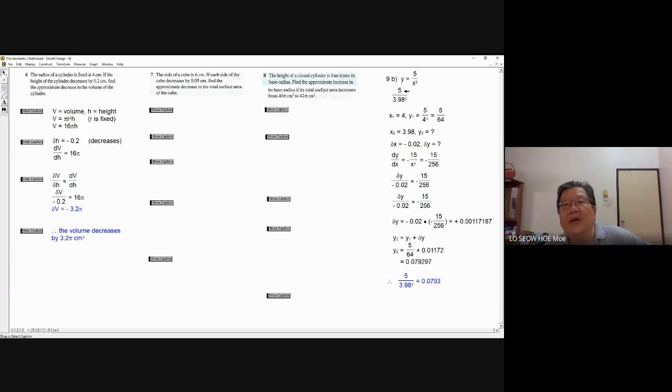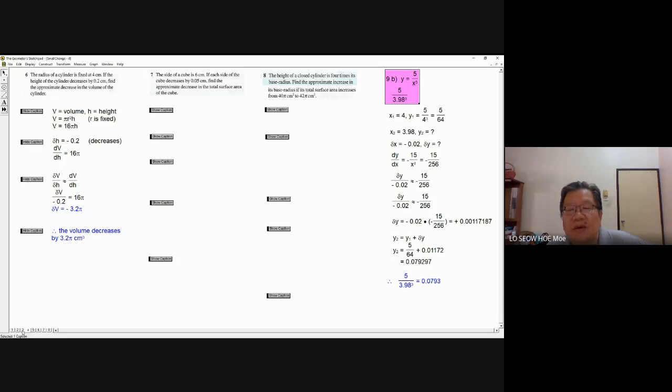So now this is the delta y, delta x, the small change. Now we come back and look at not small change, but approximation. Now this is the same question as 9a just now, the same relationship, y equals 5 over x cubed.